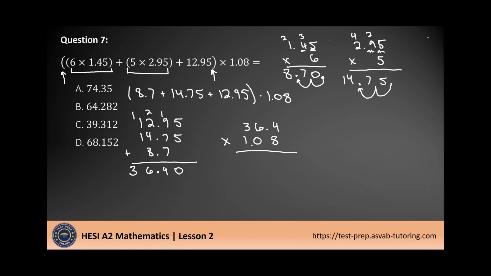So 4 times 8 is 32. 6 times 8 is 48. Plus 3 is 51. 3 times 8 is 24, plus 5 is 29. We're done with the 8. Okay, we'd have a 0 here, and then we have a 0 right in this middle column, so we're just going to get a bunch of zeros, right? 0, 0, 0. We're done with that.